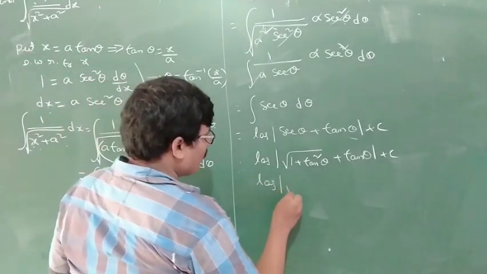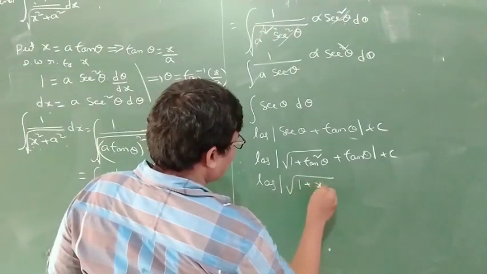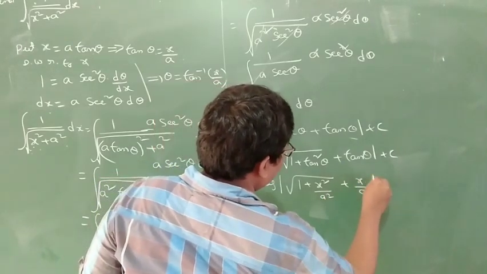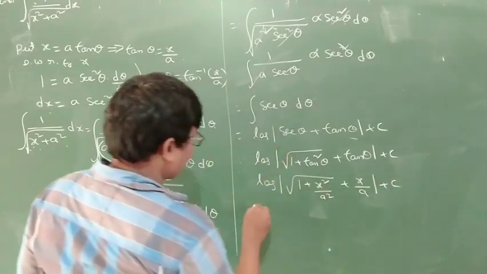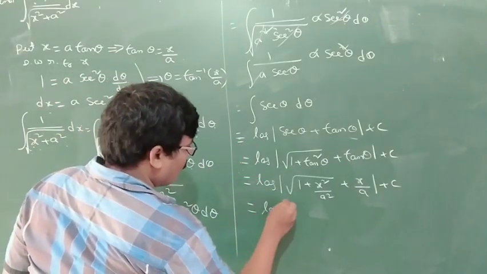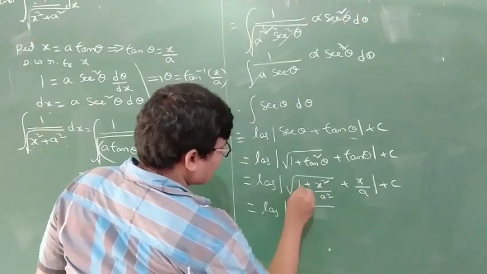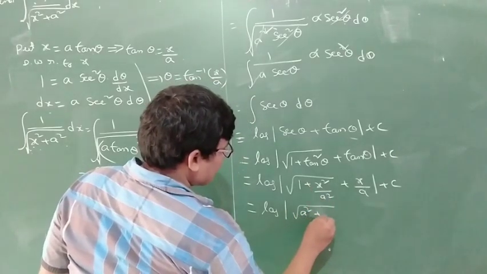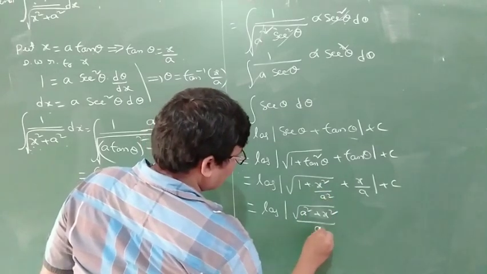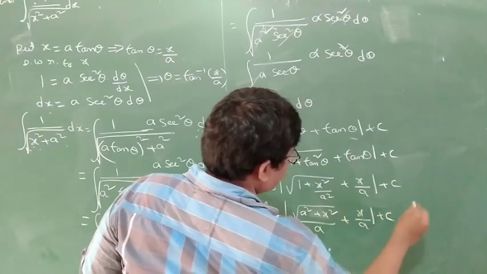That is equal to log mod root of 1 plus tan square theta, where tan theta is x by a, so 1 plus x square by a square, plus tan theta, which is x by a, plus c. That is equal to log mod root of the LCM, a square plus x square, by root of a square, which is a, plus x by a, plus c.